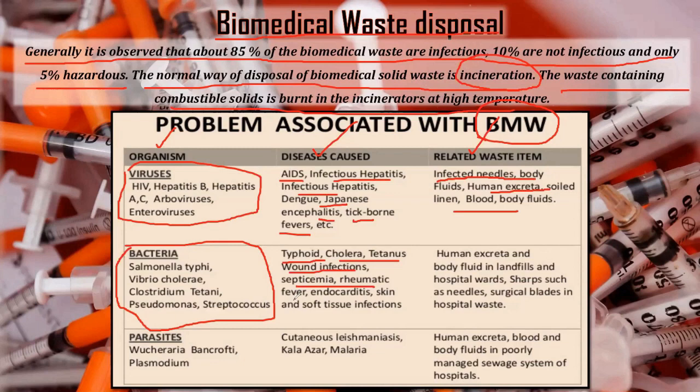Okay, if this is the case, then we will see human excreta and body fluid in landfills and hospital wards, and sharps such as needles and scalpel blades in hospital bins will be there as wastes, right?